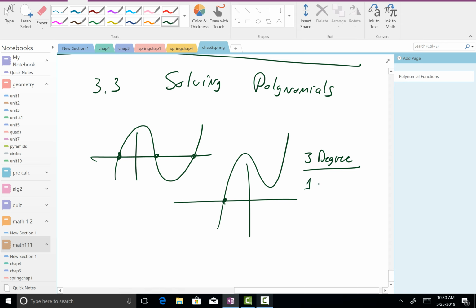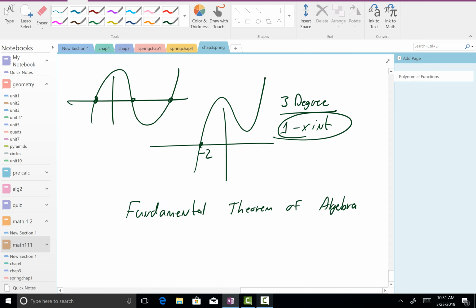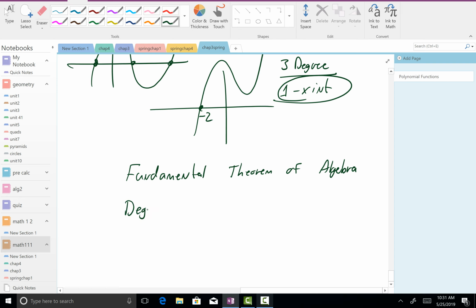There is a theorem called the fundamental theorem of algebra that says the degree of a polynomial is the number of solutions the polynomial has.